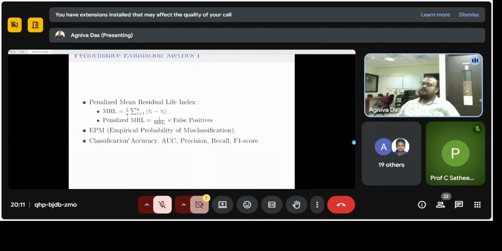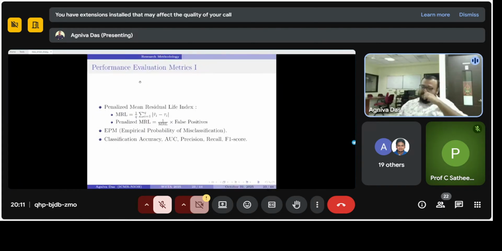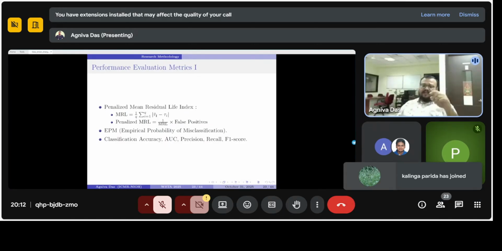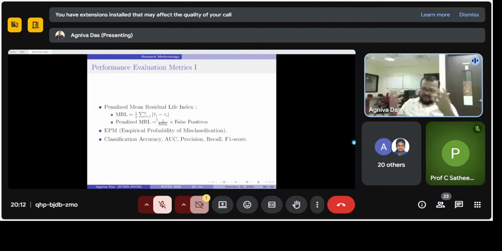For the performance evaluation metrics, we've used a penalized mean residual life index, where mean residual life is nothing but 1 upon q, summation over i running from 1 to q, of the absolute value between tau i hat and tau i, tau i being the change point and tau i hat being the estimate of that change point. The more delay you have in estimating the change point, the higher will be your mean residual life.